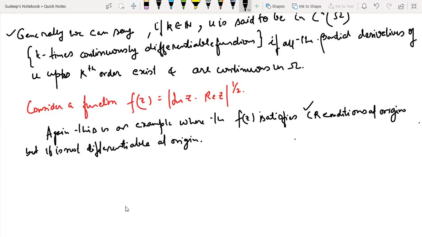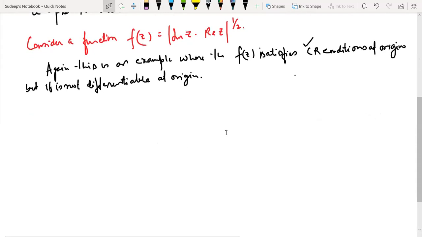So this is something very important. To this end, we will try to find the validity of Cauchy Riemann conditions first.